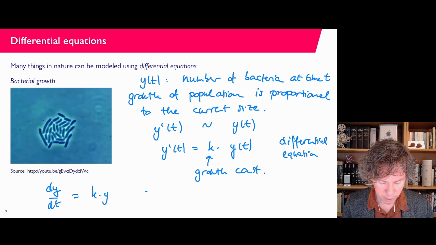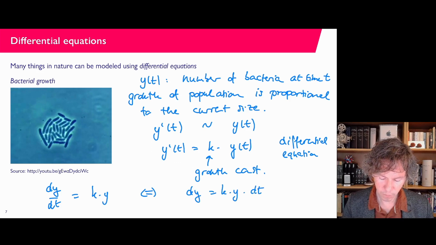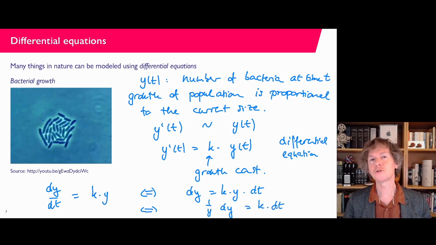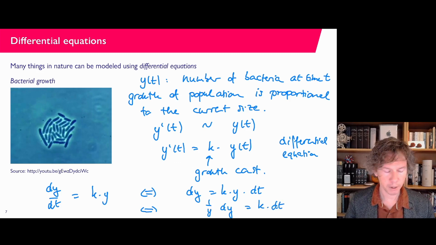So I can rewrite this to dy is k times y times dt, or if you like, I could also say that 1 over y dy equals k times dt. So that's just rewriting the differential equation.